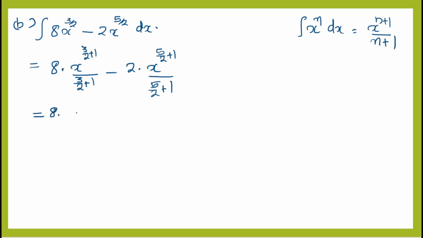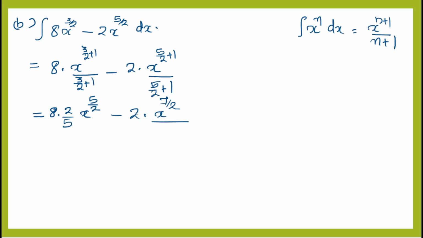8 times x to the power 3 by 2 is x to the power 5 by 2. Now 3 by 2 plus 1 is 5 by 2. Taking the reciprocal, we get 2 by 5. Minus 2 times x to the power 5 by 2 plus 1 is x to the power 7 by 2 by 5 by 2 plus 1 is 7 by 2.